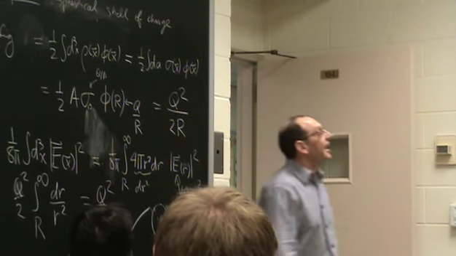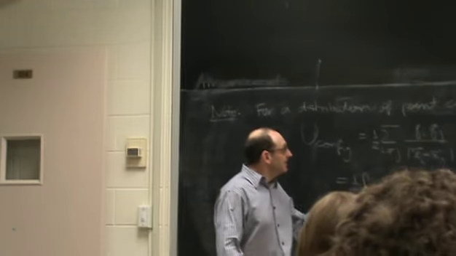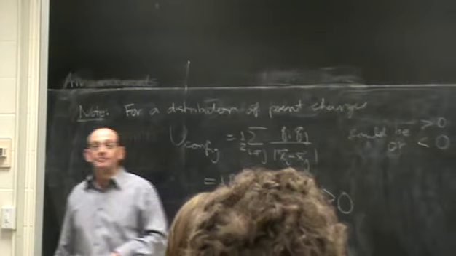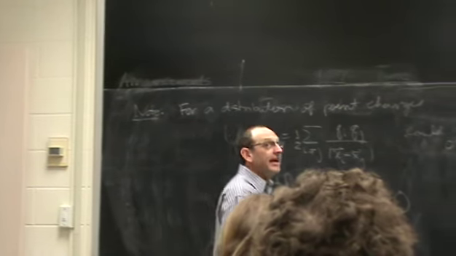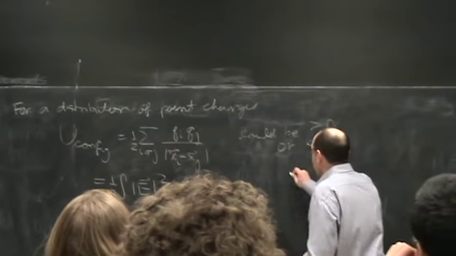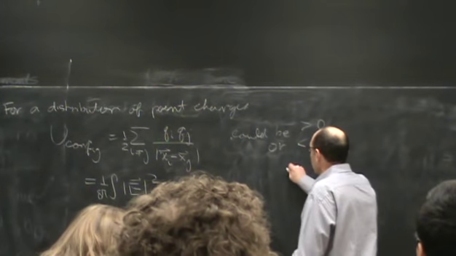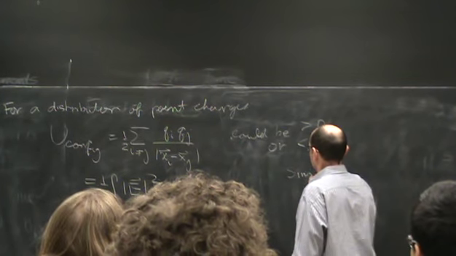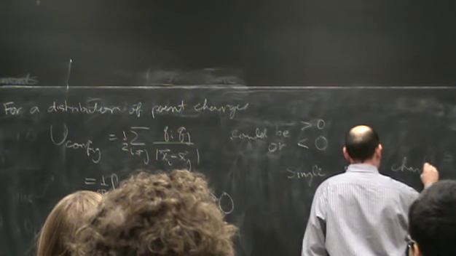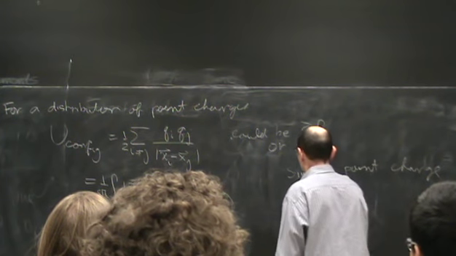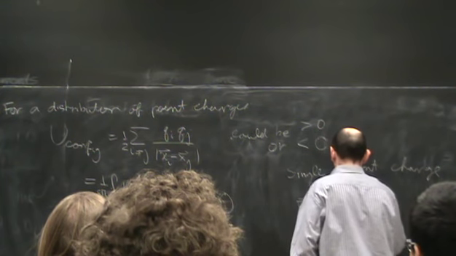The reason that this formula is different from this is this formula came from the continuum. In fact, if I were to calculate the potential energy of the configuration, suppose I have a single point charge. Well, the electric field is Q over r squared.